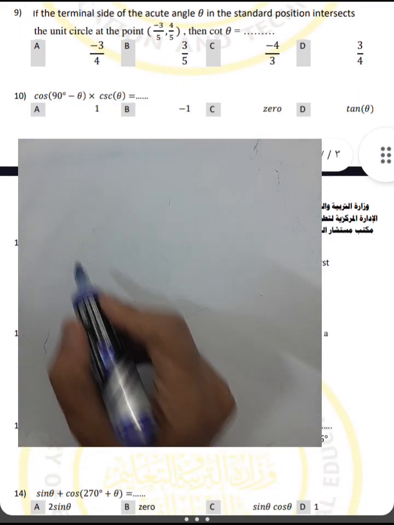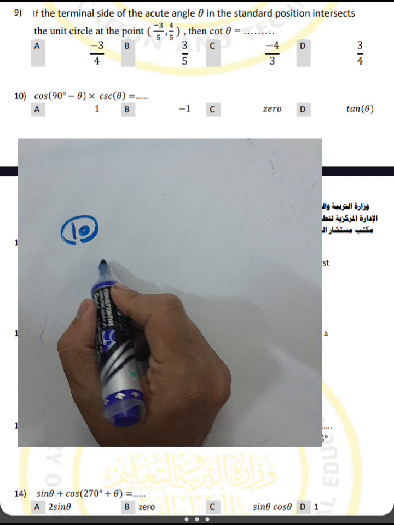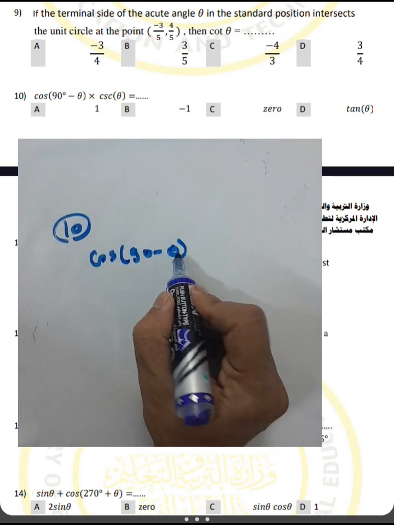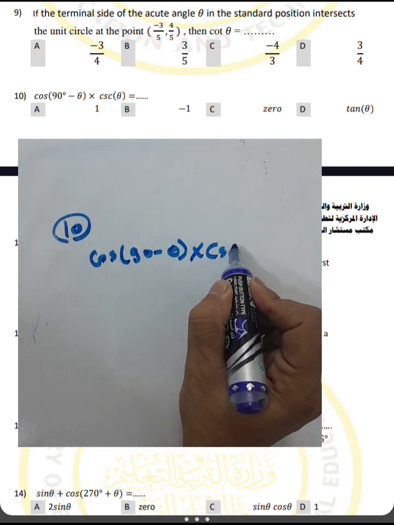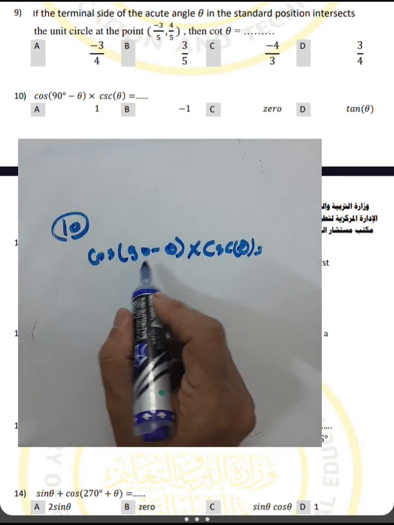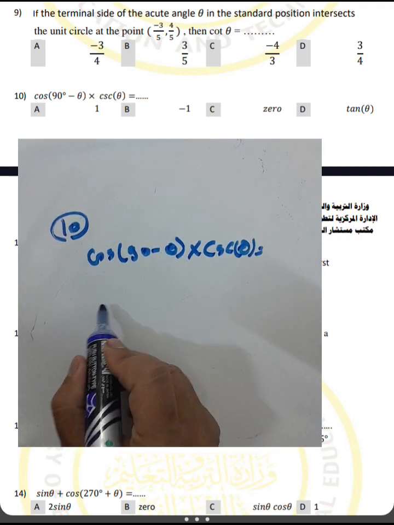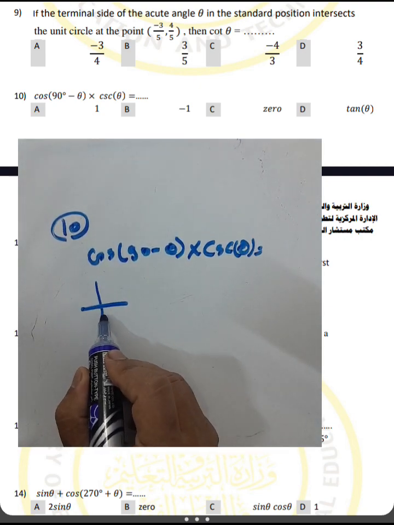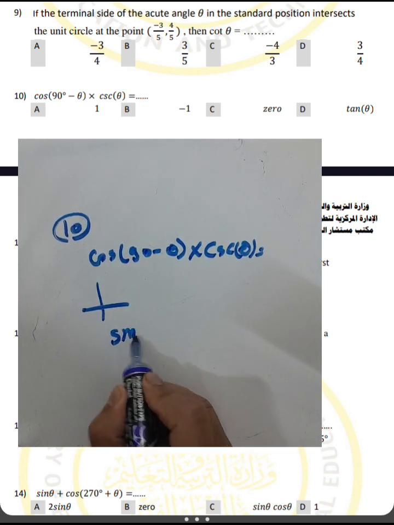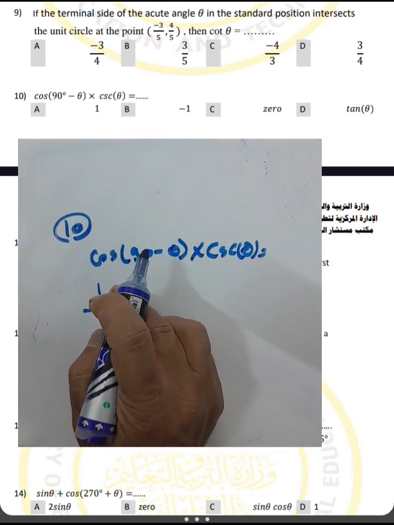Next, question number 10. Find cosine of (90 subtract theta) times cosec theta. We know cosine of (90 subtract theta) is in the first quadrant, and 90 converts cosine to sine, so it will be sine theta, and cosine in the first quadrant is positive.